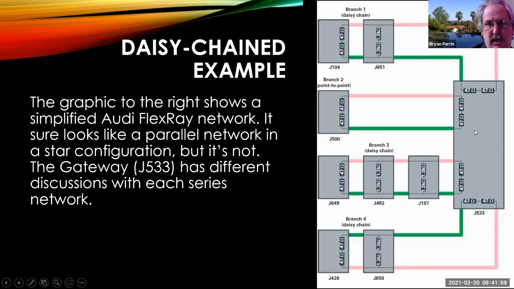Then I'm thinking maybe my J533 is having an issue. But if I can talk to everybody here, everybody here, everybody here, but I can't talk to these two, that's just a network problem with that daisy chain setup. So you see where looking at the wiring diagram can really help.